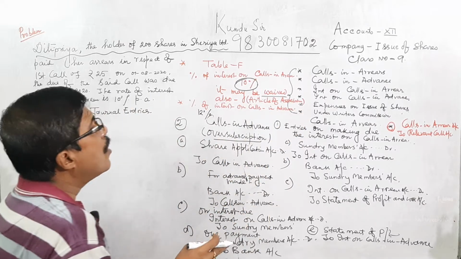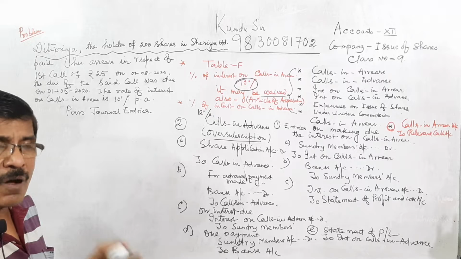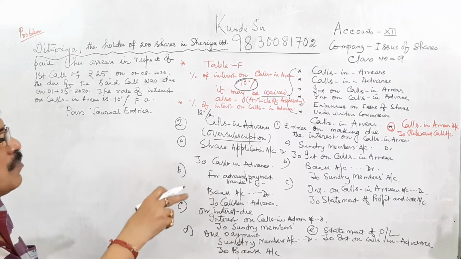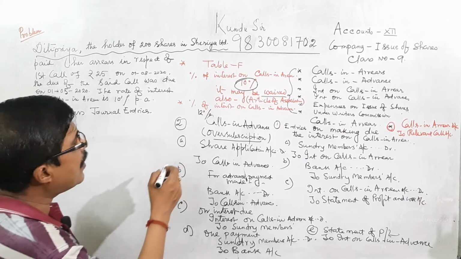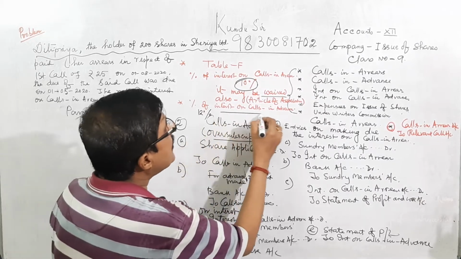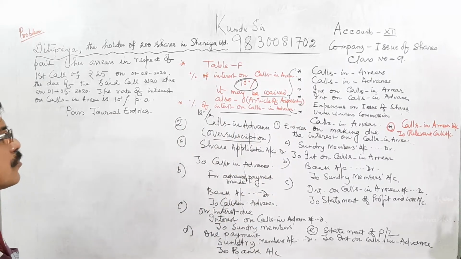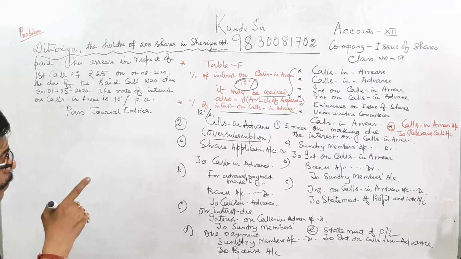But in case of calls in advance, you are not the decision maker, because it is the money of the members of the company who purchased shares and gave some advance. That means the company has a liability to pay the interest to the relevant share applicant or member.